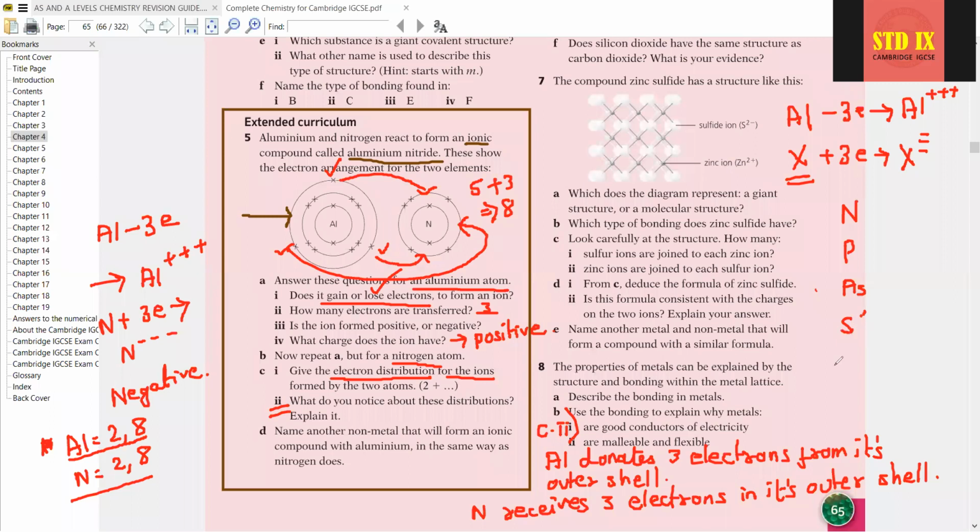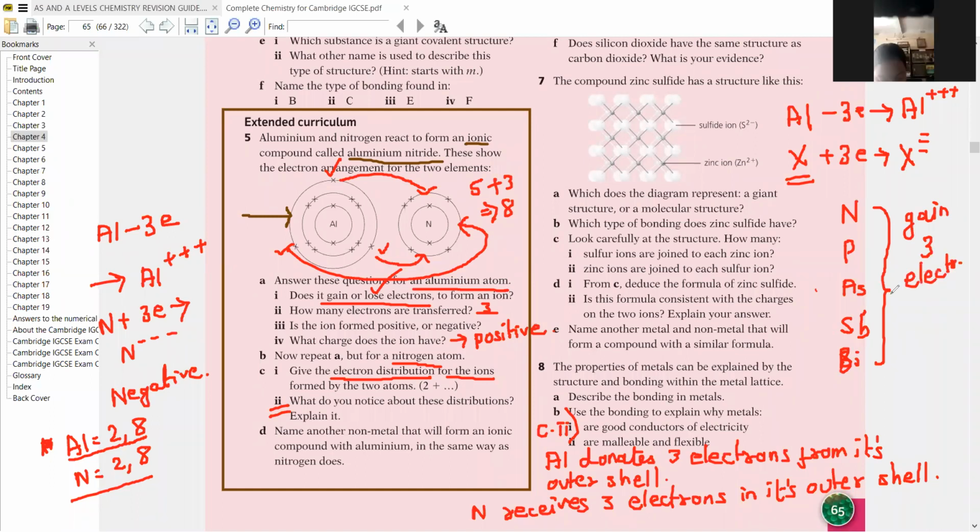All of these will gain 3 electrons. So what you can do is choose P for phosphorus.